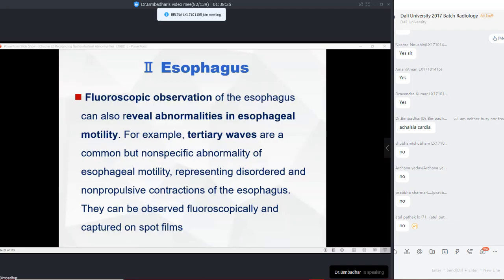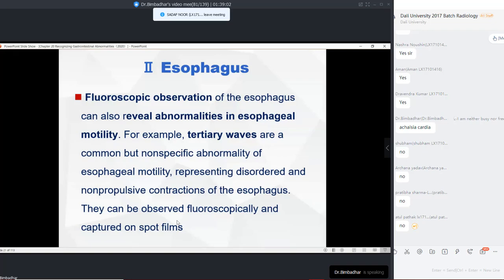Slowly over time, what actually happens is that there will be loss of motility in the esophagus, so there is a problem with deglutition here. Over time it develops as an abnormality and can cause different types of pathological conditions related only to esophageal motility. These can be observed fluoroscopically and captured on spot films.